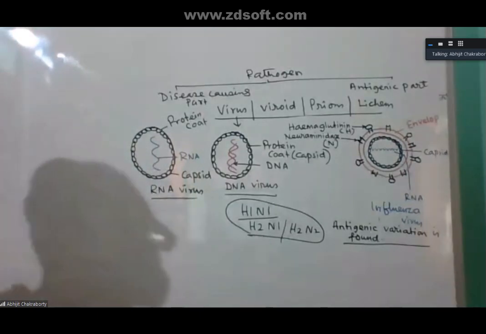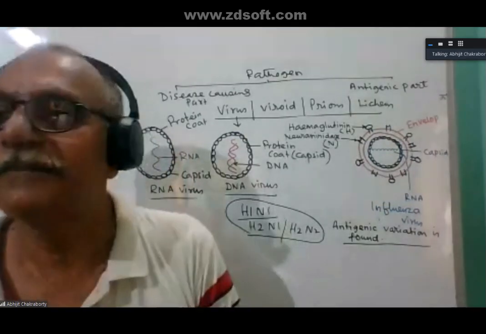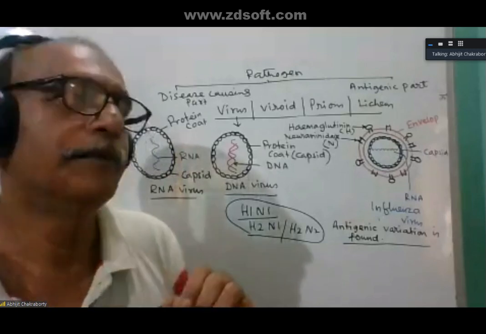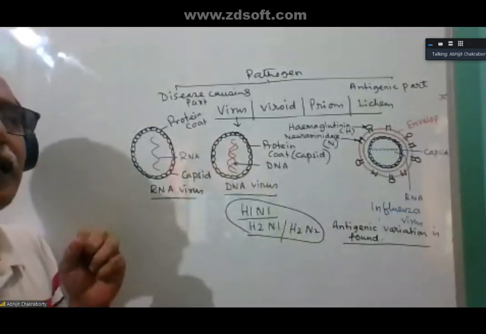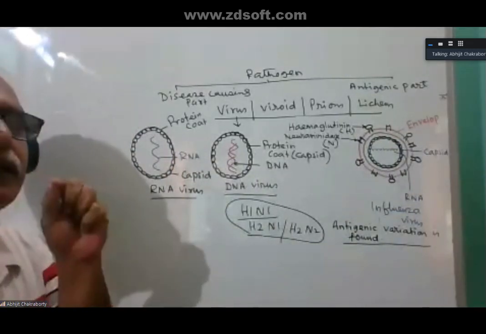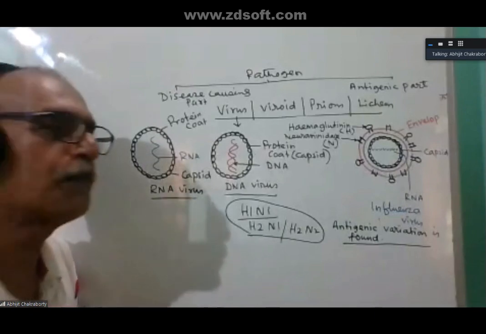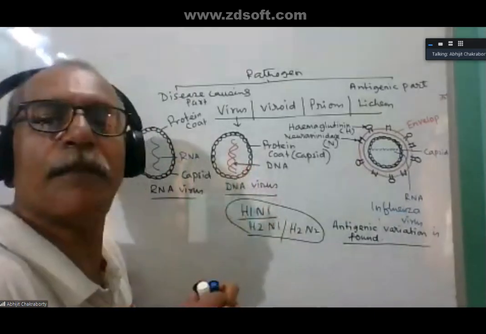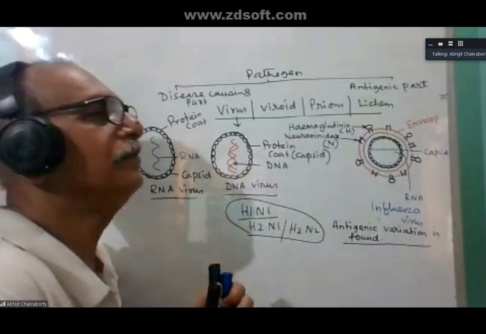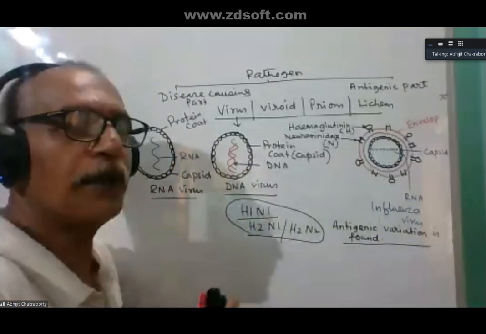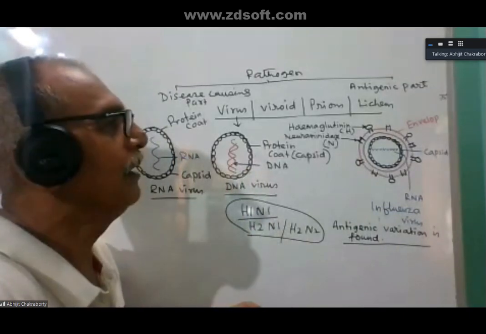Whenever any antigen enters the body, it has the ability to stimulate our immune system so that our immune system can produce a weapon, an antibody, against them.